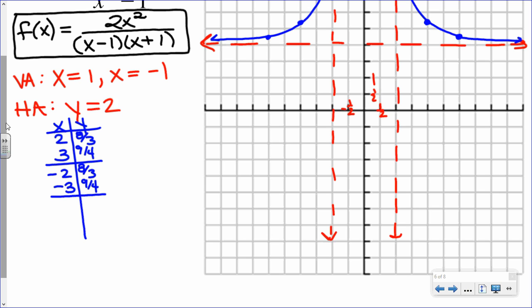That could happen, or we could get a situation like this. All right? Let's go smack dab in the middle. What do we get when we plug in 0? 0. We get 0. Then we're going to have to figure out what's happening to the right and left of 0. So what do we get when we plug in 1/2?